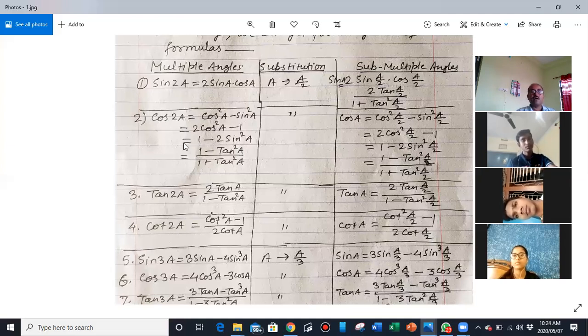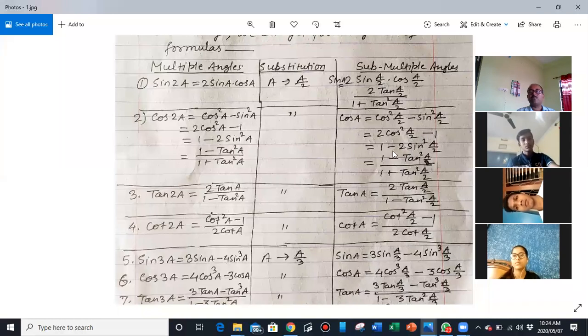Now let's go back here. In cos A, the first formula will read like this: cos square A by 2 minus sin square A by 2. The second formula will read as 2 cos square A upon 2, see, this 2 is only for angle A upon 2, minus 1.